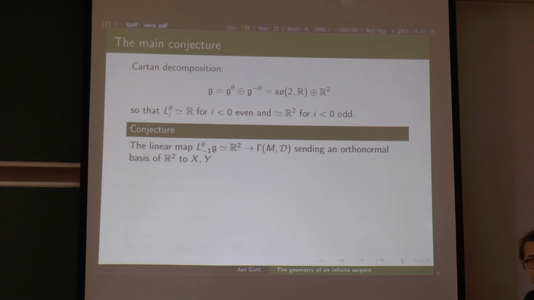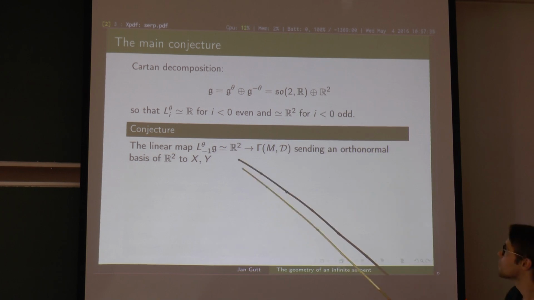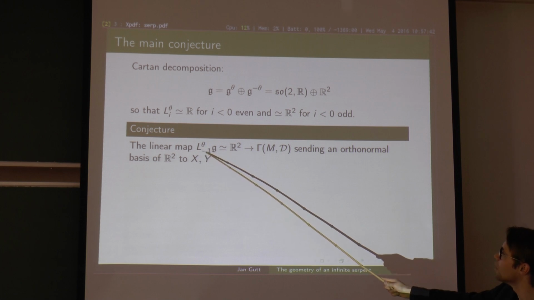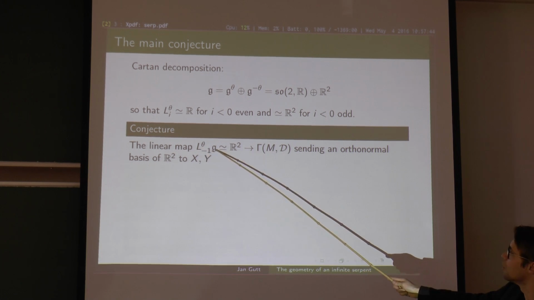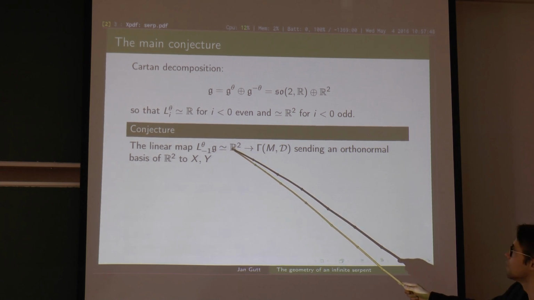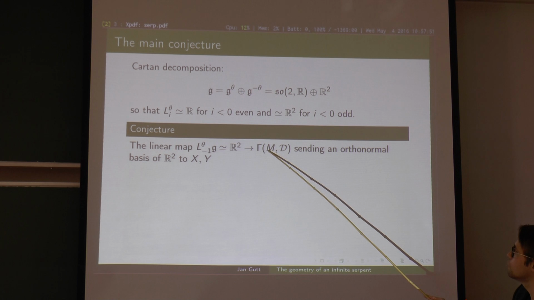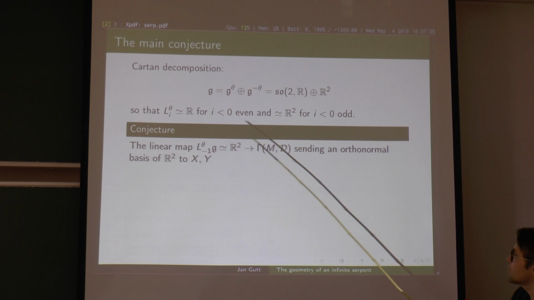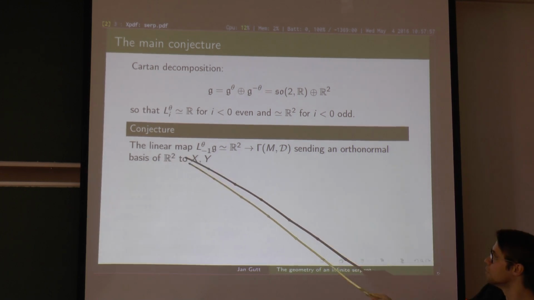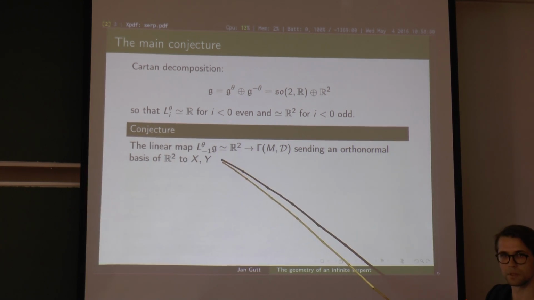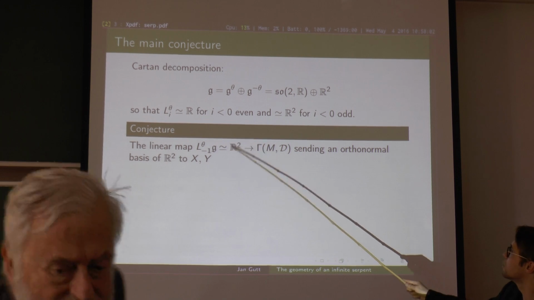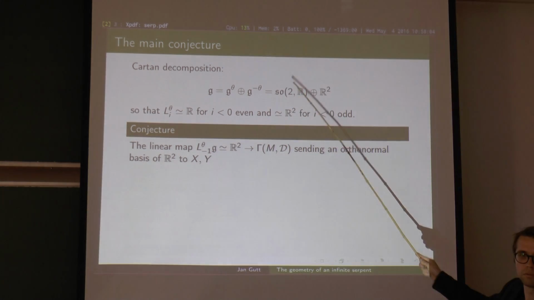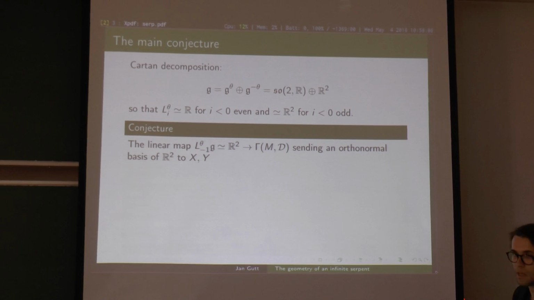So here's the conjecture. I have to start with the following. The negative 1 graded piece of the twisted loop algebra is just R2. I'm going to map it into sections of the distribution D by simply sending some orthonormal basis of R2 to the pair X and Y. Orthonormal makes sense because this is naturally acted upon by SO2, so I know what orthonormal means.